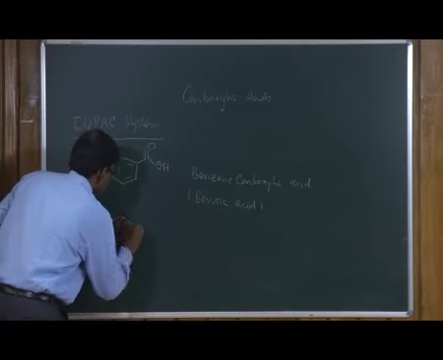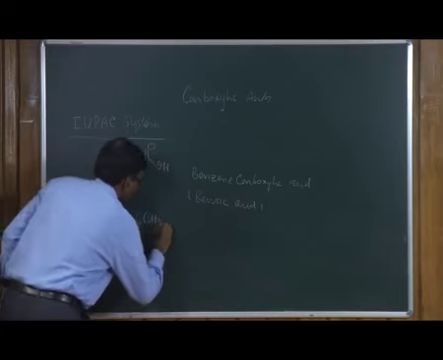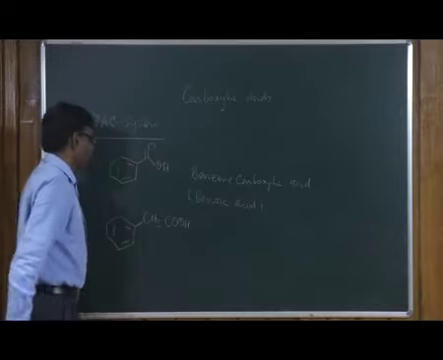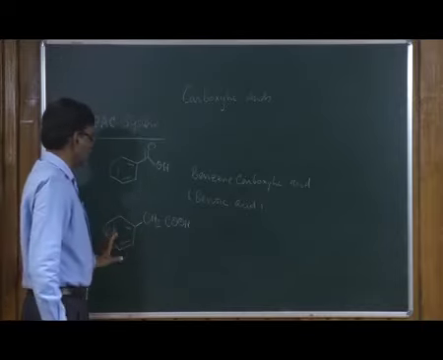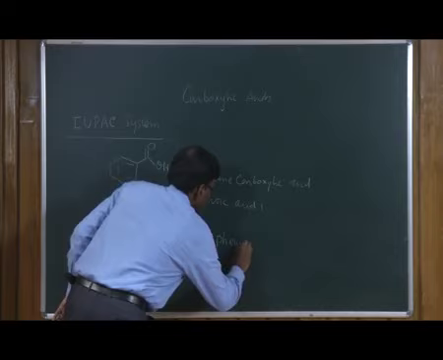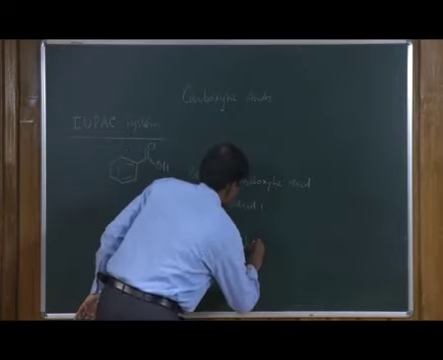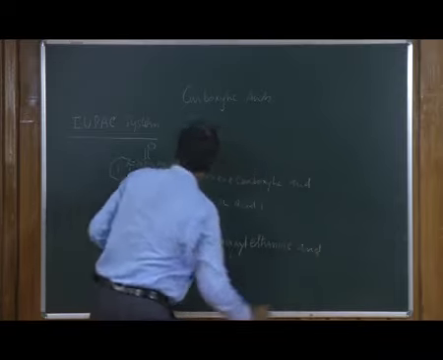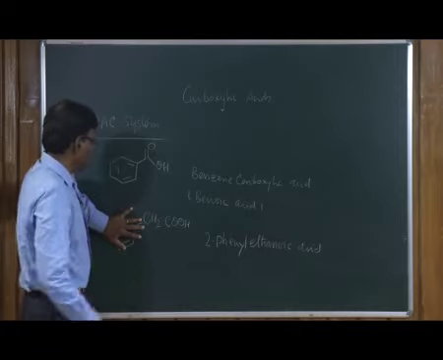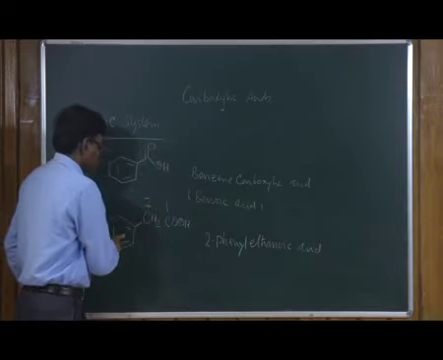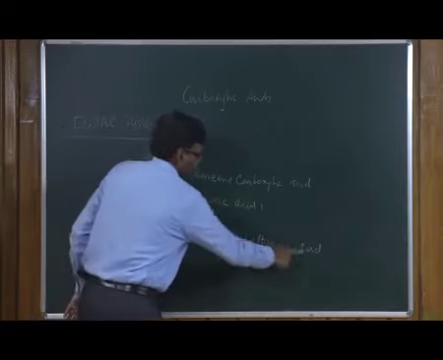And the next example, the IUPAC name of this carboxylic acid is 2-phenylethanoic acid. Just as we have seen, if you have CH3 ethanoic acid, and the second carbon is now substituted with a phenyl group, therefore 2-phenylethanoic acid.